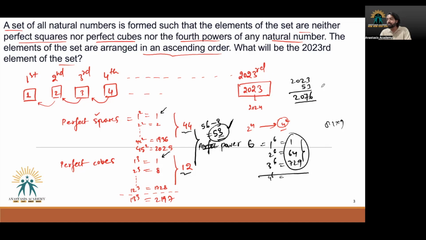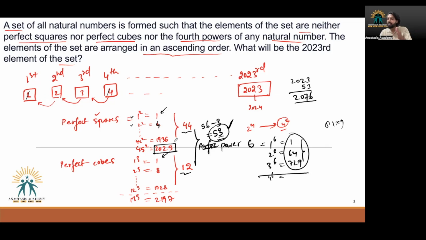If I write 2076, my answer would be wrong, because I have missed one important number, which is 2025. If I delete the first two perfect squares, 1 and 4, the number here becomes 2025.